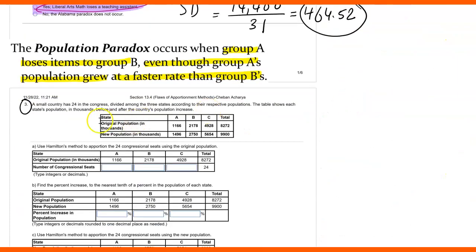Okay, question number 3. A small country has 24 seats in the Congress. Number of quota is 24 here. Divided among the 3 states according to the respective population. The table shows the state population in thousands before and after the country population increases.